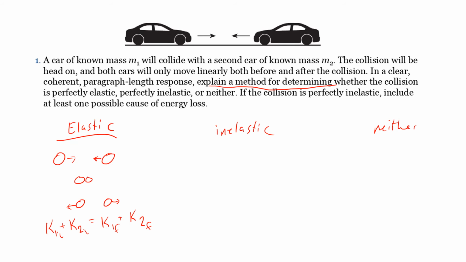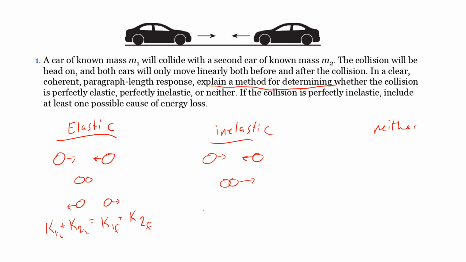For the inelastic, it means that they're going to stick together. I think there was a question like that. So they come together, boom, boom, they're going to stick together, and maybe one of them had slightly more momentum and it's going to keep going together. All right, so how can you tell afterwards if it's perfectly inelastic?